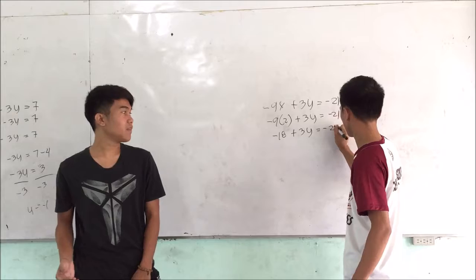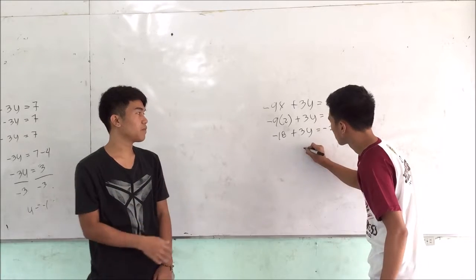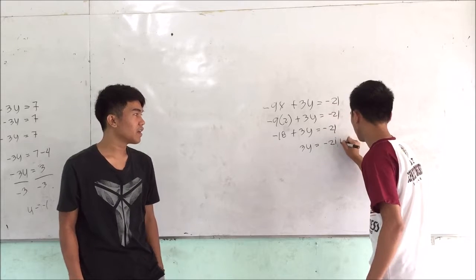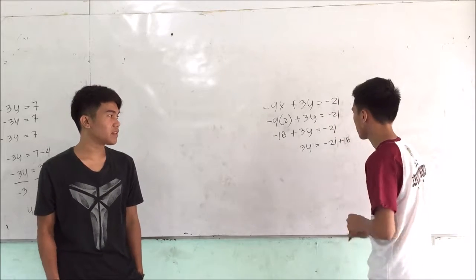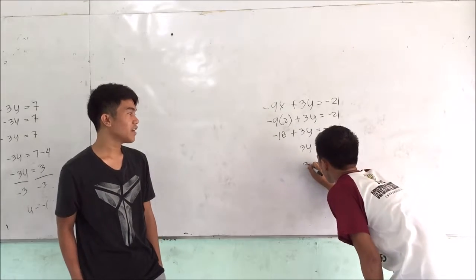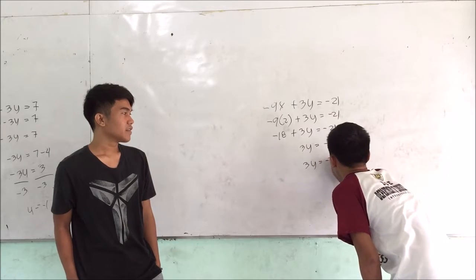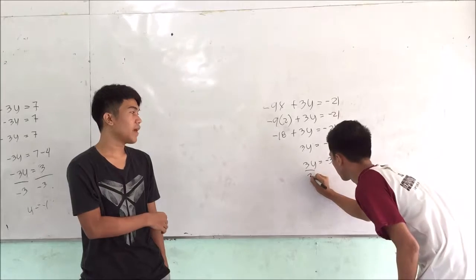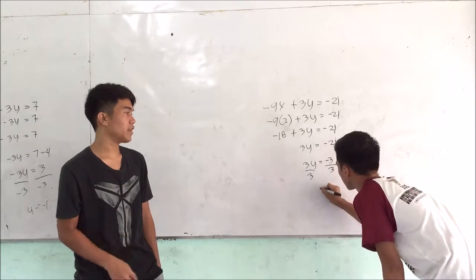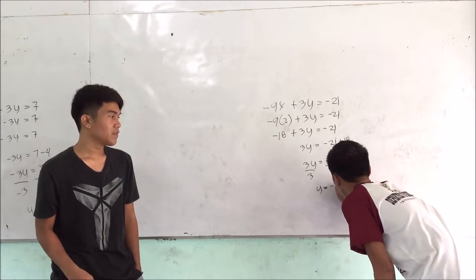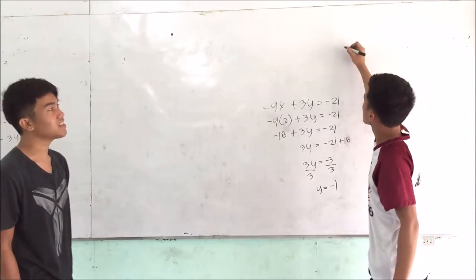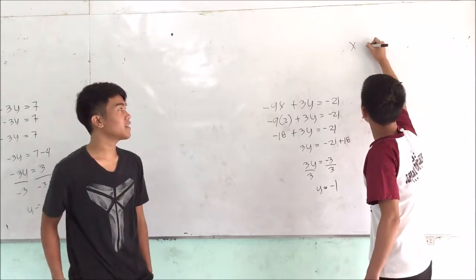Transposing the negative 18 to the right, 3y equals negative 21 plus 18, which is negative 3. Dividing negative 3 by 3, y equals negative 1. So the answer is x is 2 and y is negative 1.